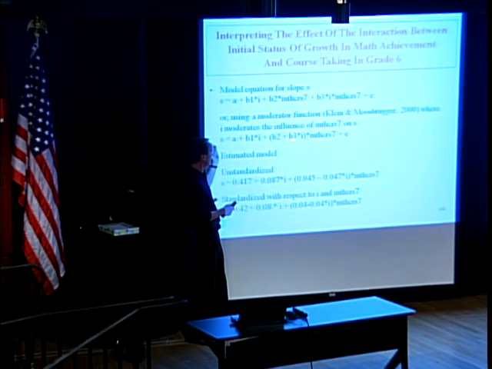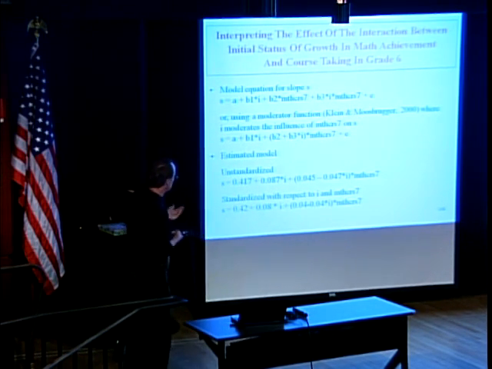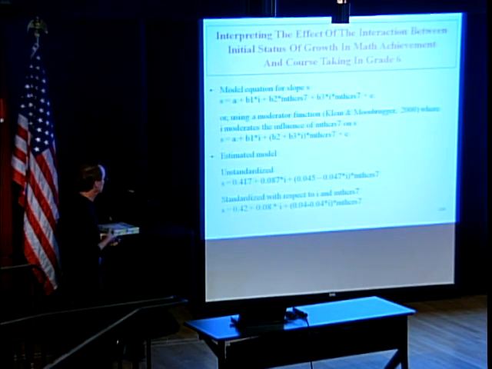This is one way of expressing an interaction as a moderation. And this seems like a substantively reasonable way of formulating it, that a given amount of math course taking has a different influence on the growth rate S for people with different initial status.